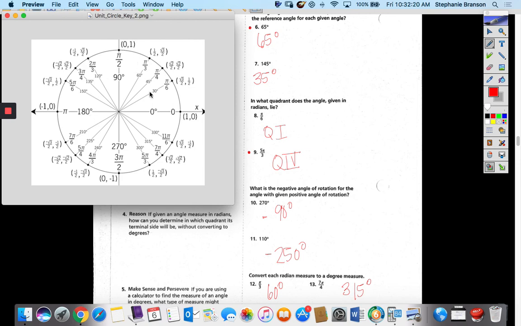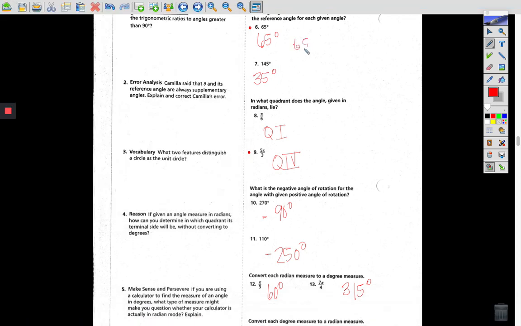So you'd say 65 minus 0, and that's how I got 65. Like for 145 right here, 145 is closer to 180, right? So I said 180 minus 145 to get 35.